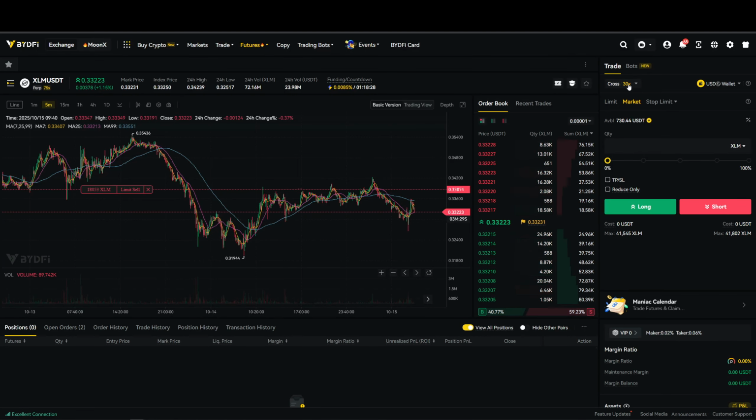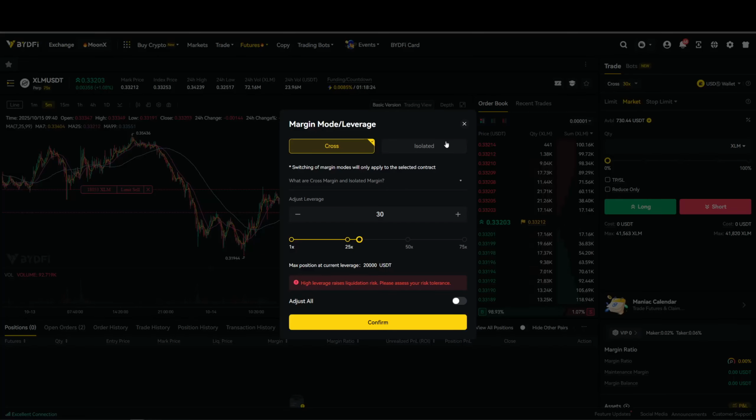The most important areas to pay attention to are the cross or the isolated options, and then how much leverage you can do. So cross is the safest way to trade, but you have to be careful because what you're doing is you're risking your entire portfolio. So let's say I have $730 here.